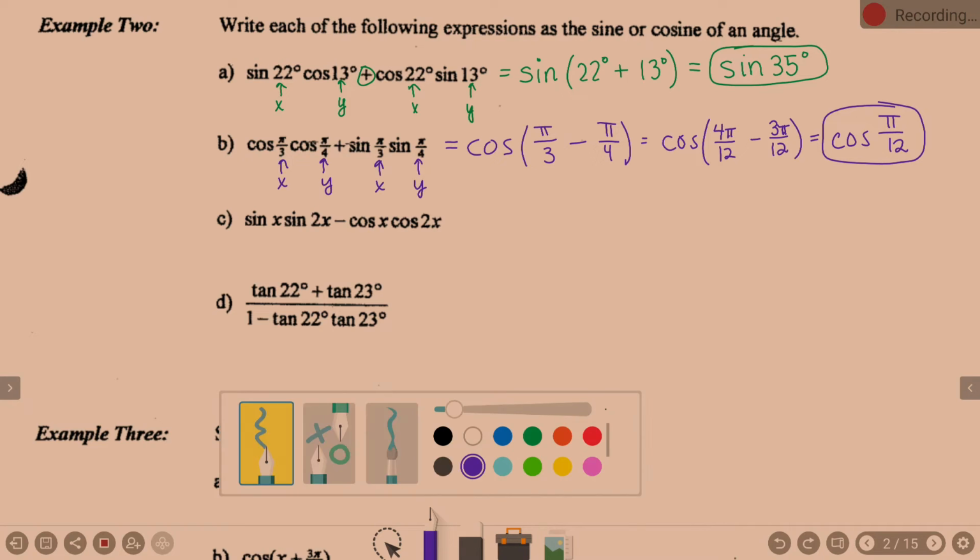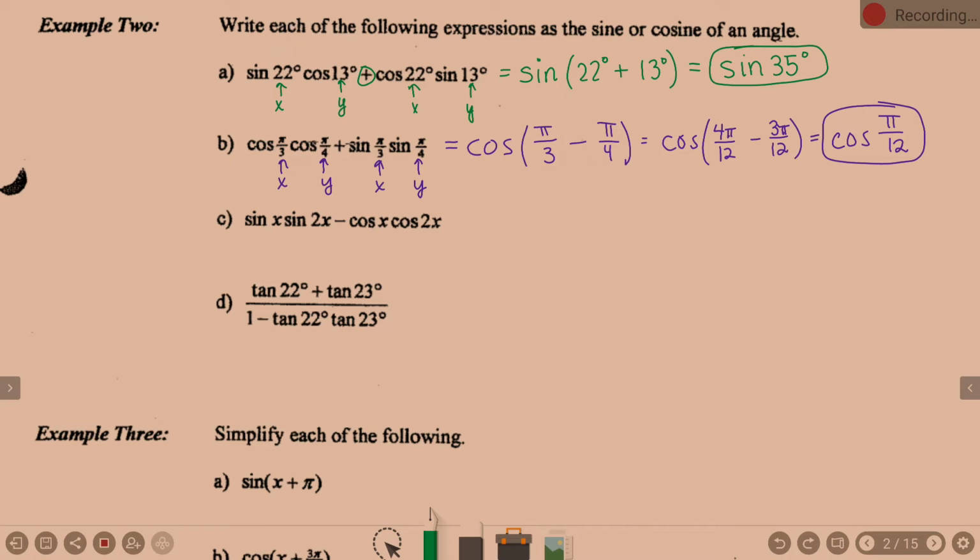Okay, C. Sine x, sine 2x minus cosine x, cosine 2x. It's cosine, but it's flipped. I'm going to flip it before we clean this up because there is a small trick to this.